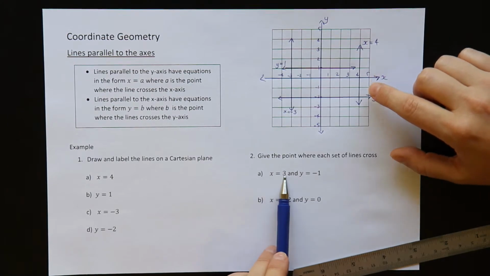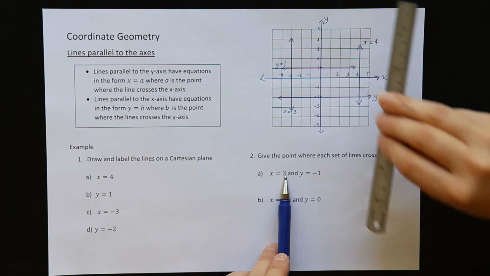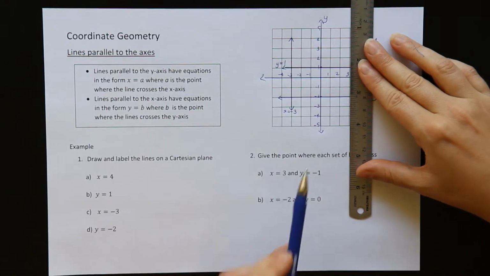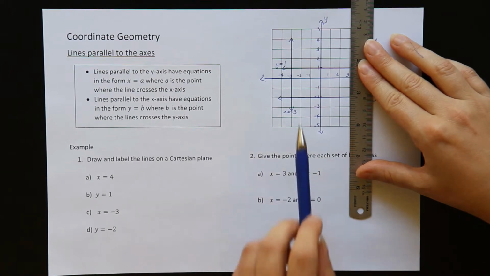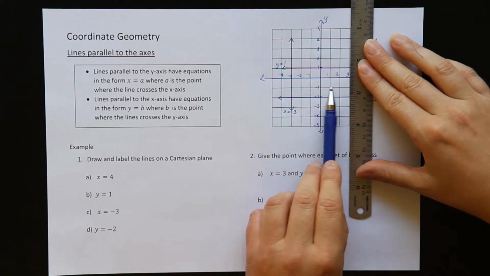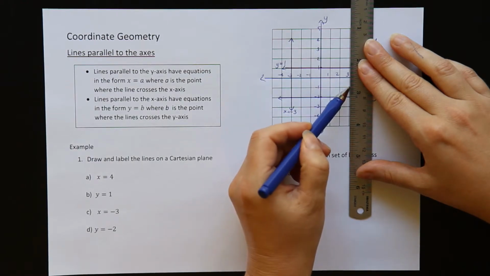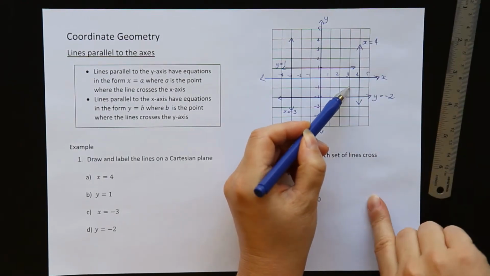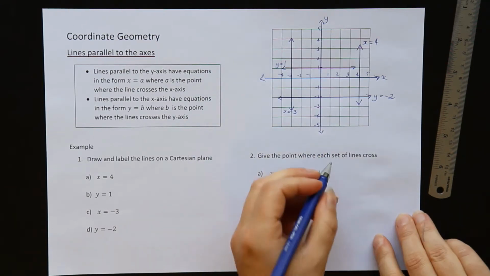X is equal to 3 is a line going through x is equal to 3, like that. Y is equal to negative 1 is going through negative 1, going across this way. And those two lines would meet here at this point. That point has coordinates 3, negative 1.